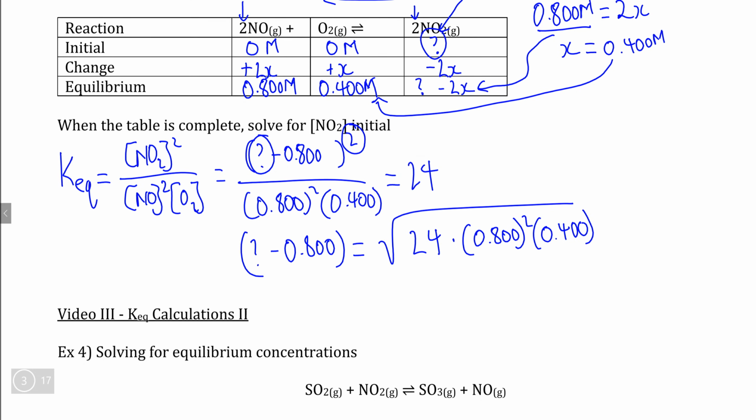And then finally, the last step is simply to isolate what this unknown quantity is, which means that we can add the 2x value here to both sides. So if we simply do plus 0.800 to both sides, that would mean that our expression turns out to be something like this.